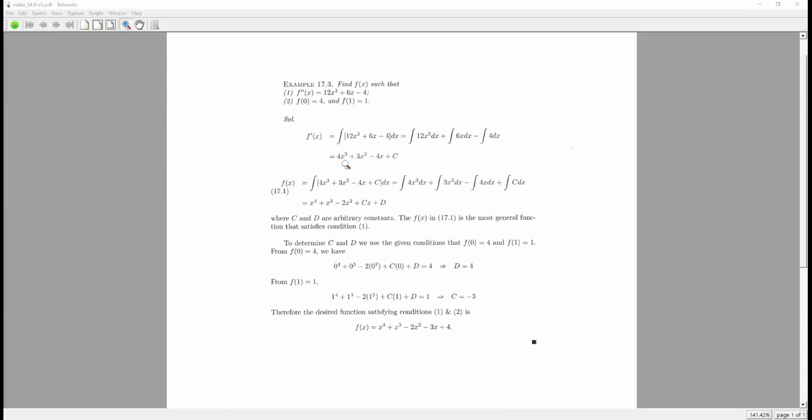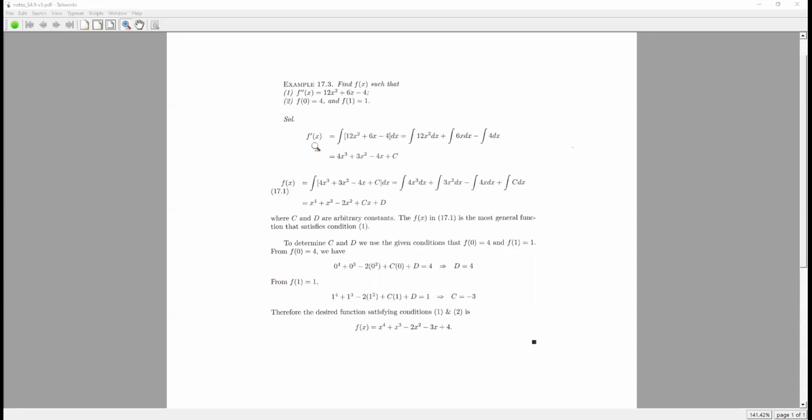Take the derivative of this, then we get 12x squared. 6x antiderivative is 3x squared. Constant 4, antiderivative is 4x. Then add an arbitrary constant c. This is all the possible first derivatives that satisfy condition 1.